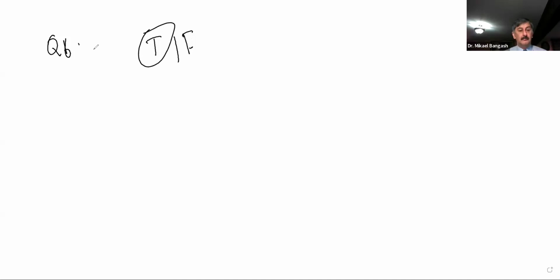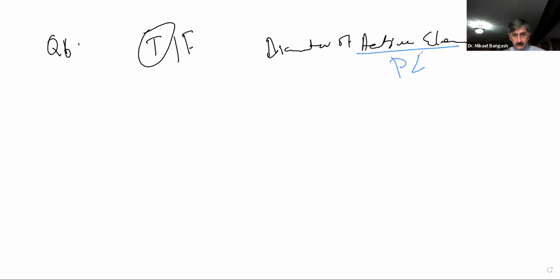That's true. Now just look here, guys. They say the diameter of the active element. Now, what do we call the active element? That was what we call the PZT.